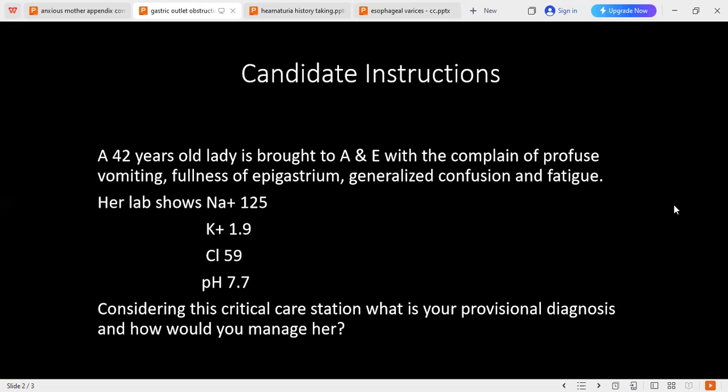And due to hypovolemia, the patient has renin-angiotensin system activation that causes aldosterone secretion, absorption of sodium and water, and excretion of potassium. In this way, the patient develops hypochloremic metabolic alkalosis along with hyponatremia and hypokalemia.